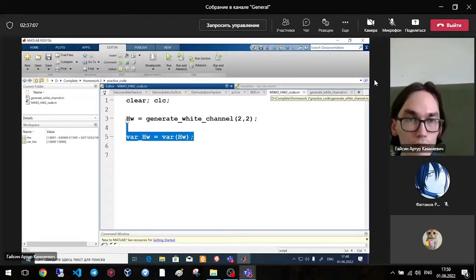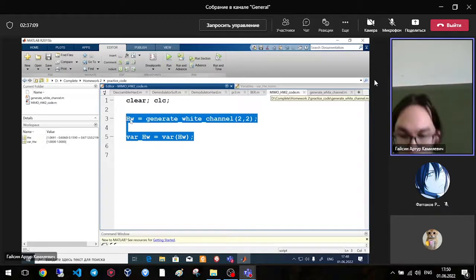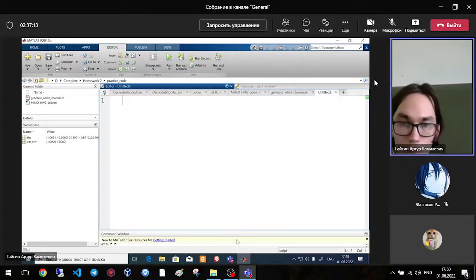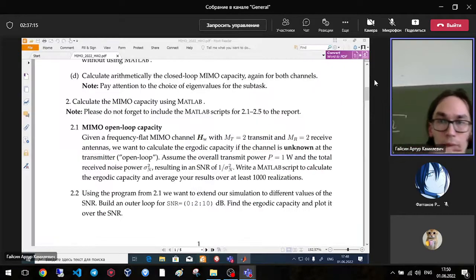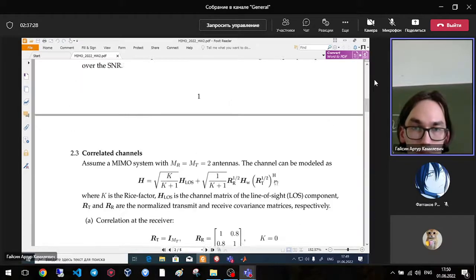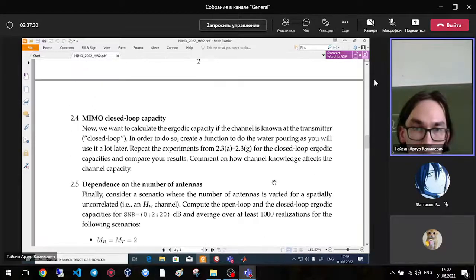Next, we need to write a MATLAB script to calculate the ergodic capacity. And we should average our results over at least 1,000 realizations. So let's check how we can calculate the open loop capacity.